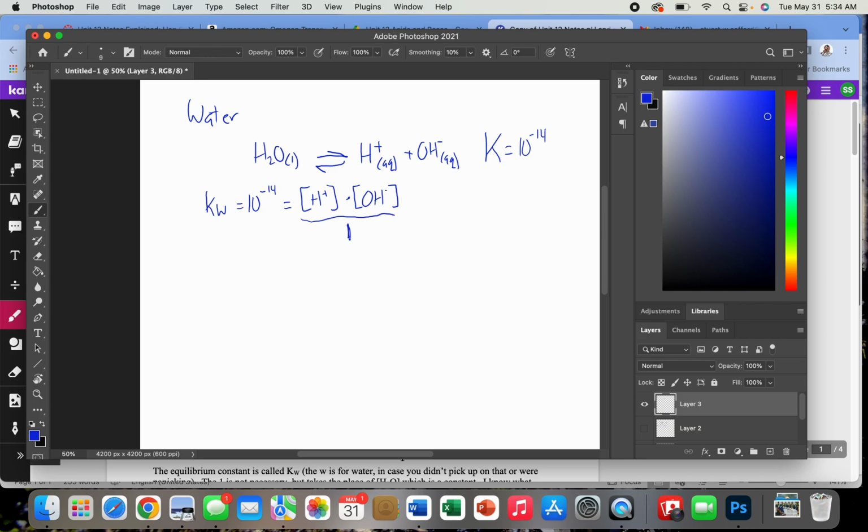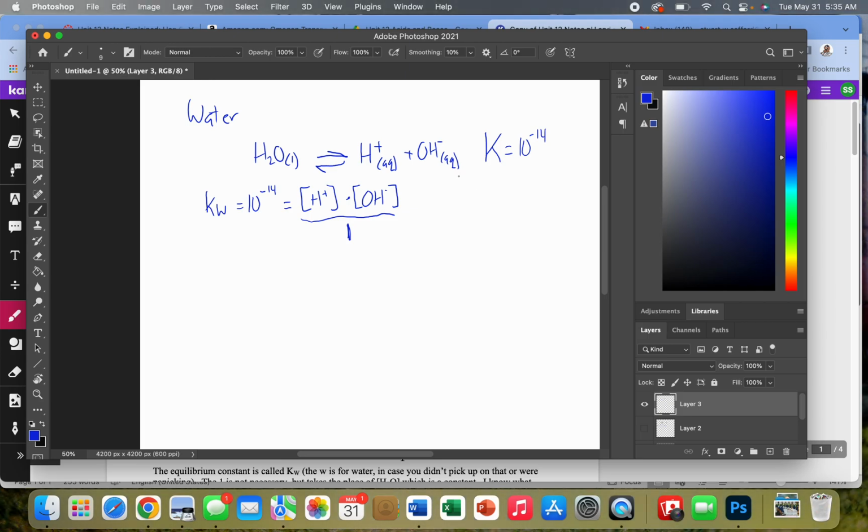Because water is a pure liquid, and pure liquids don't change in concentration, and so they don't affect the value of K. So the concentration of H plus times the concentration of OH minus equals 10 to the negative 14th. And this is always true in water. So if we have an acid or a base in solution, that's what is going to happen.